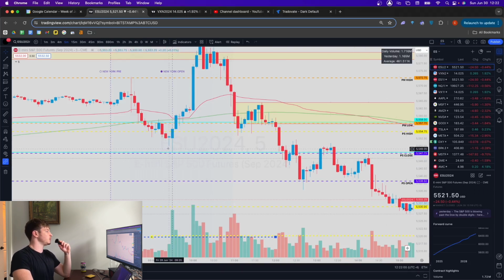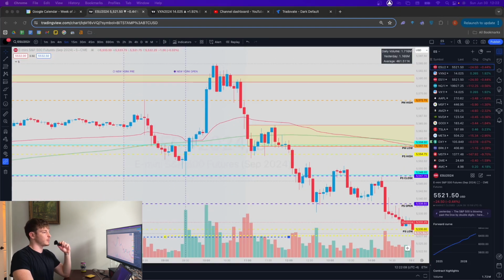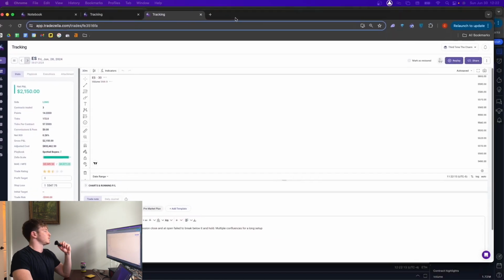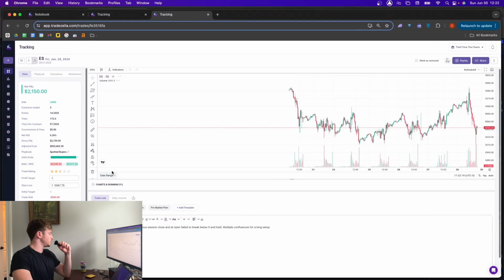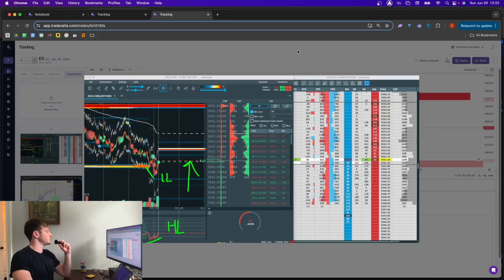I immediately saw some buying come in, and we didn't like this area down here. So I decided to take a stab at it long because it was at my key level. On top of that, we had some confluence. I'm going to show you guys my screenshots, which I forgot to do with my other trades. This is what the book looked like.